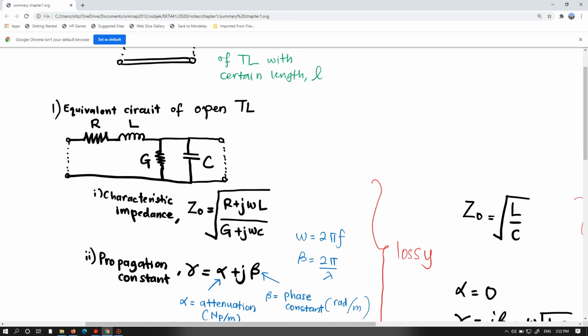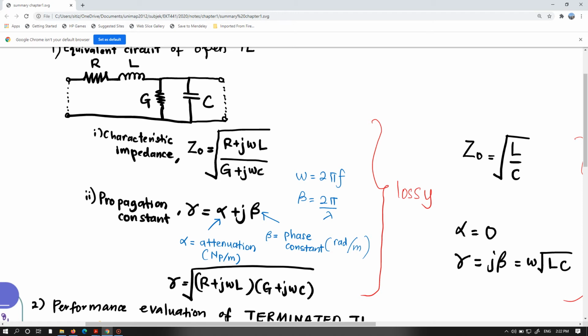We already know the equivalent circuit. From this equivalent circuit, we can identify the value of the characteristic impedance Z0 and the value of the propagation constant, where this propagation constant defines the attenuation, whose unit is Nepers per meter, and the phase constant.